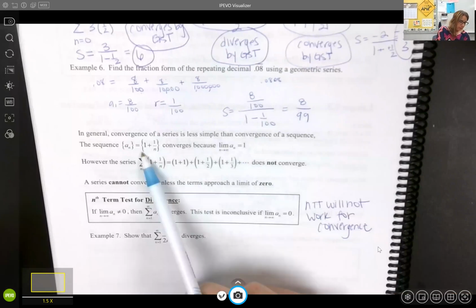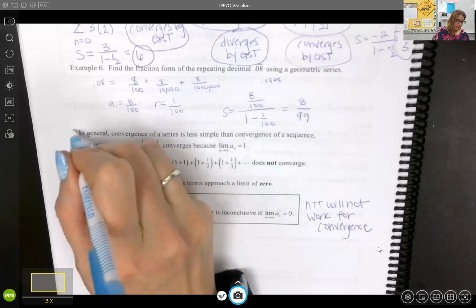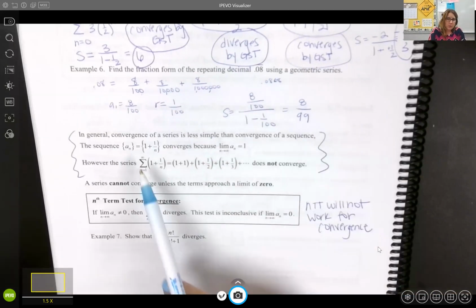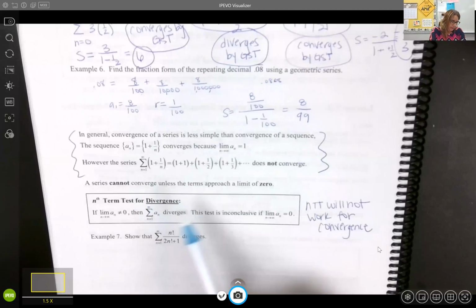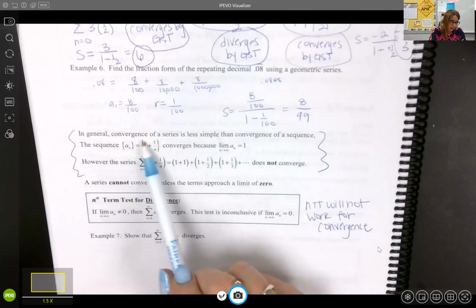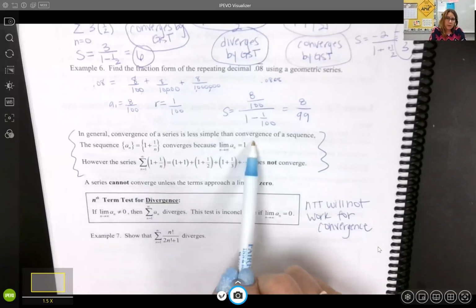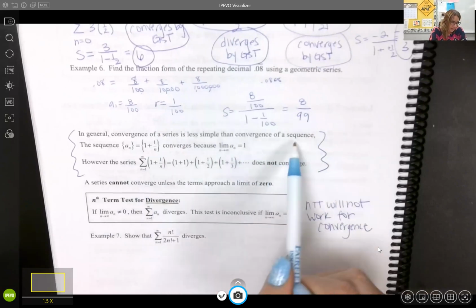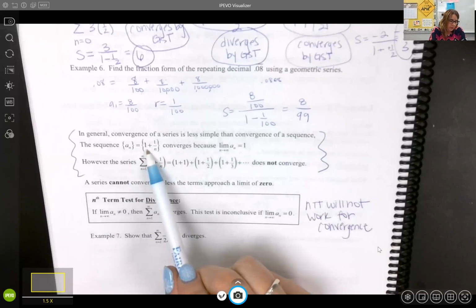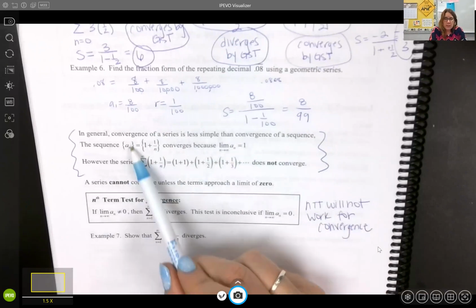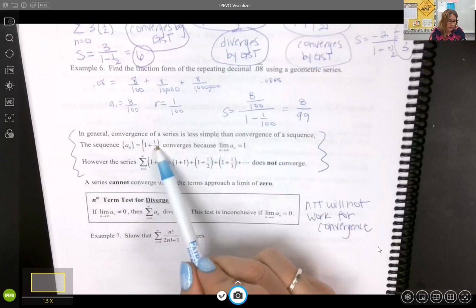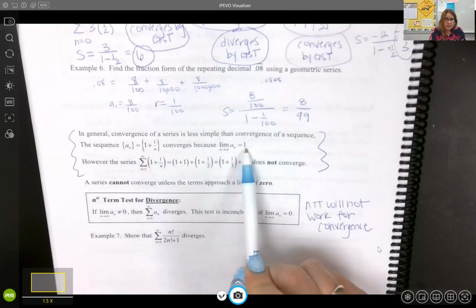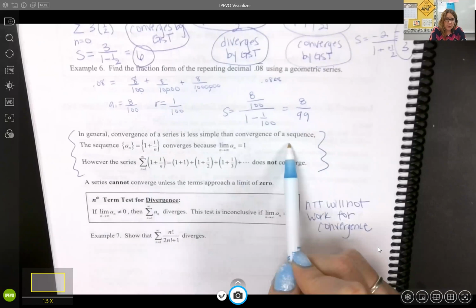This is what I was stressing to you yesterday about the difference between a sequence and a series. A series is more complicated than a sequence. So my sequence is 1 plus 1 over n. As n approaches infinity, the 1 over n goes to 0, and my limit is 1. So the sequence converges to 1.